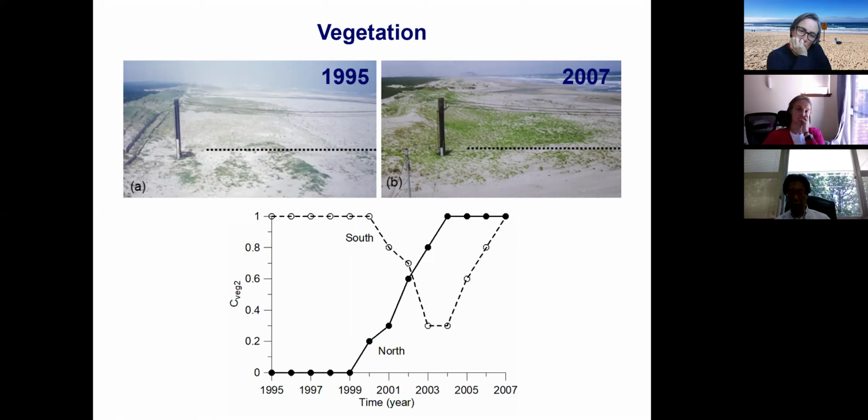It took about 13 years for the vegetation to fully recover, as shown in this right photo. So the parameters for the ratio of the bare area were treated differently inside and outside the investigation area. The lower figure shows the visually observed ratios of vegetation on the north and south sides of the survey area.